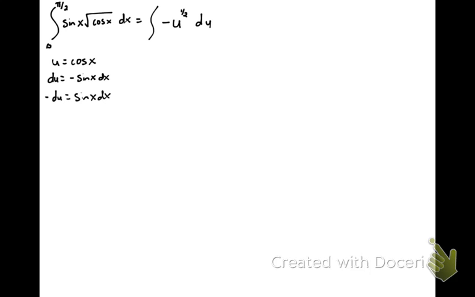And my limits of integration will change from, let's see, the cosine of 0 is 1, and the cosine of pi halves is 0. Integrating, u to the 1/2 becomes u to the 3/2.